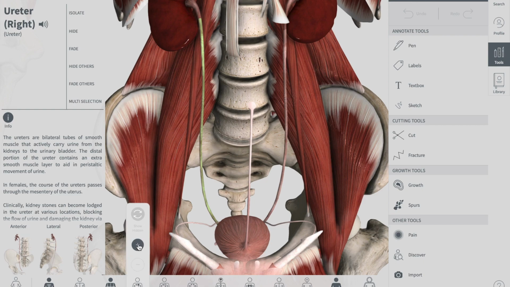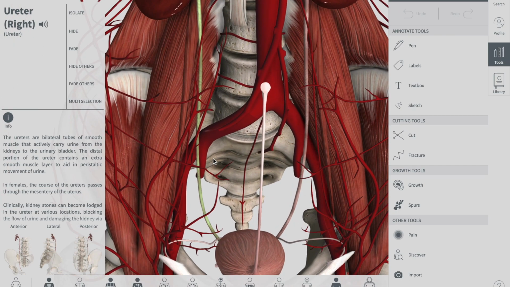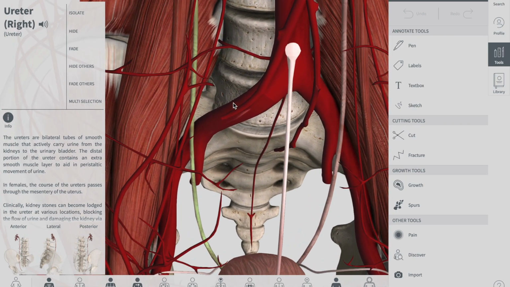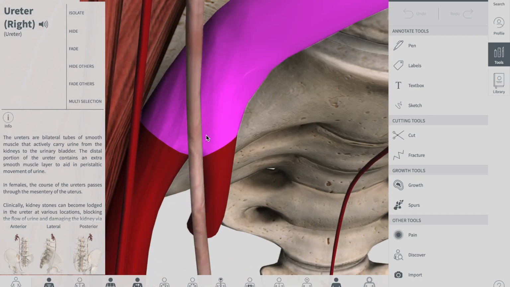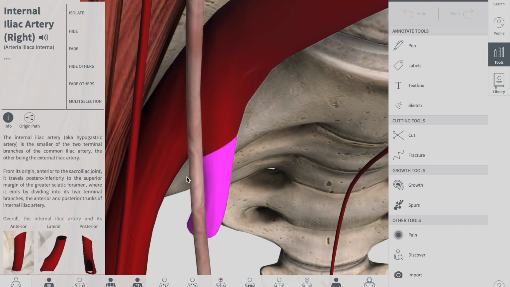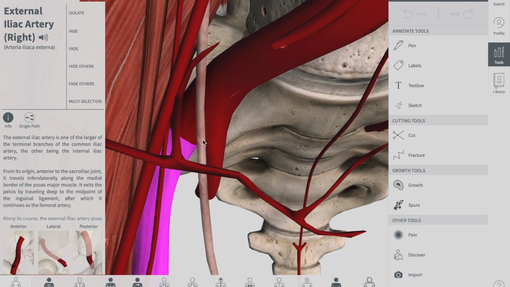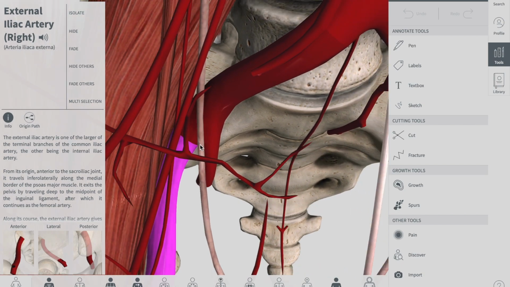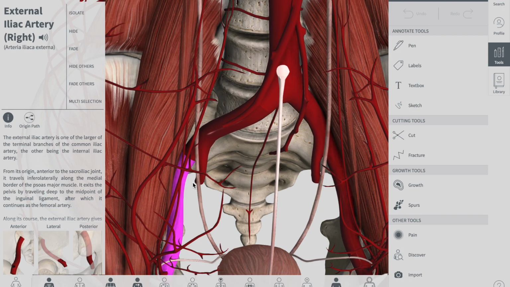This is your abdominal aorta, this is the common iliac artery, and this is its bifurcation. It divides into the internal iliac artery and external iliac artery, and the ureter crosses anterior to the bifurcation of the common iliac artery and comes downward, entering your pelvic region.